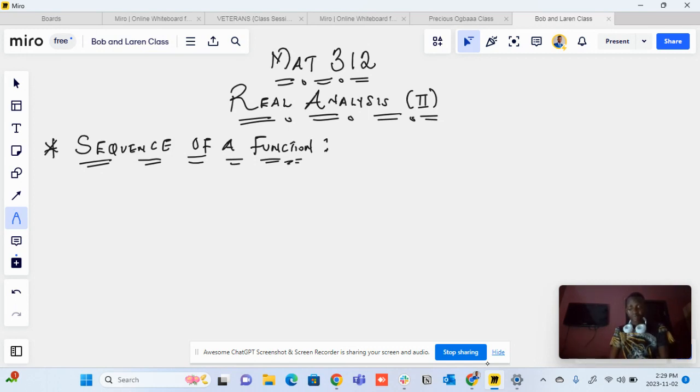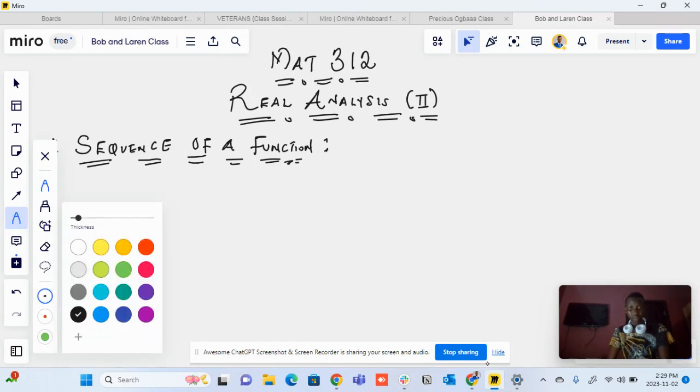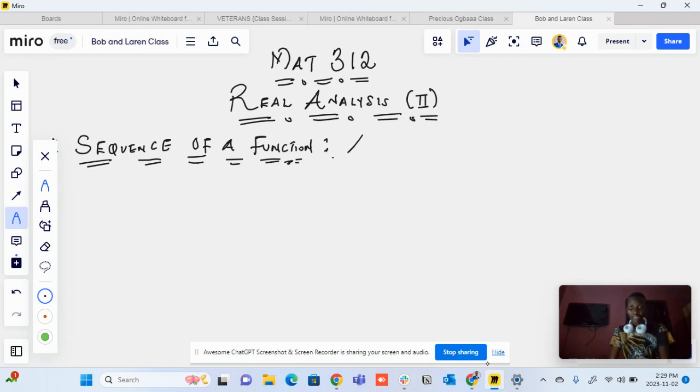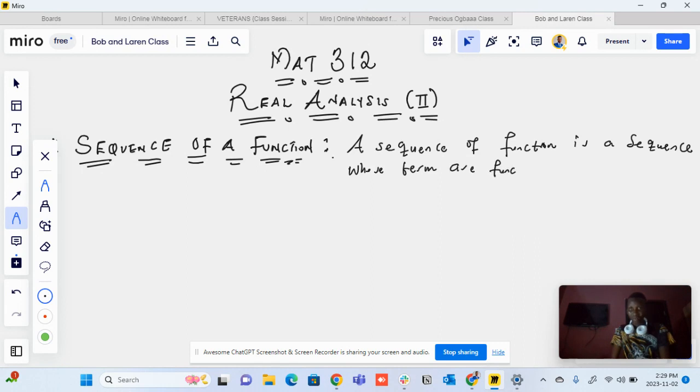I can easily give you a definition which says, a sequence of function is a sequence whose terms are in terms of a function. That's all. That's just the simplest definition we can give.